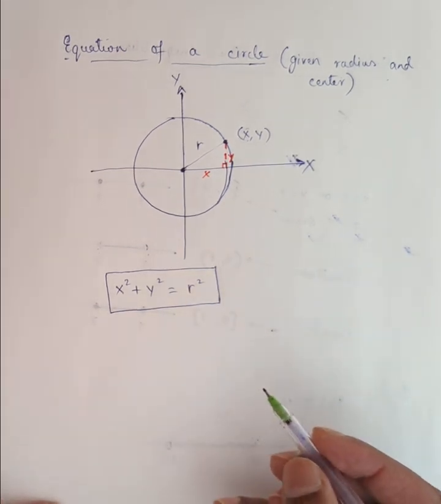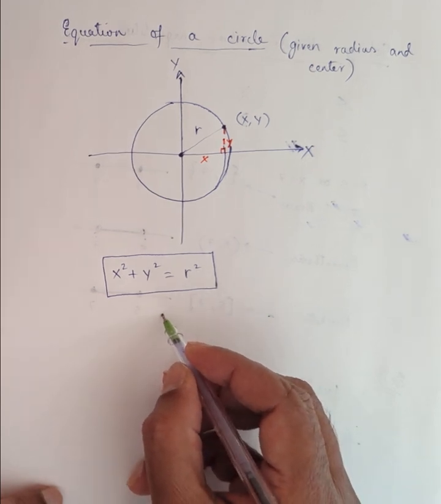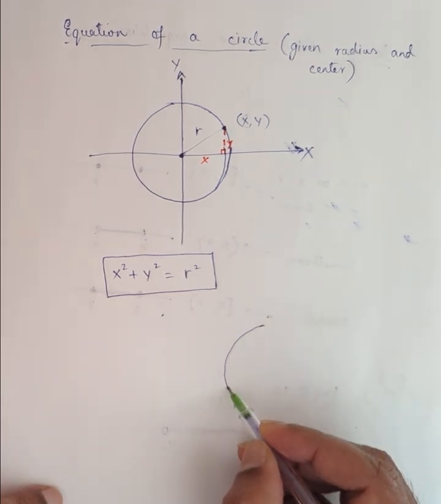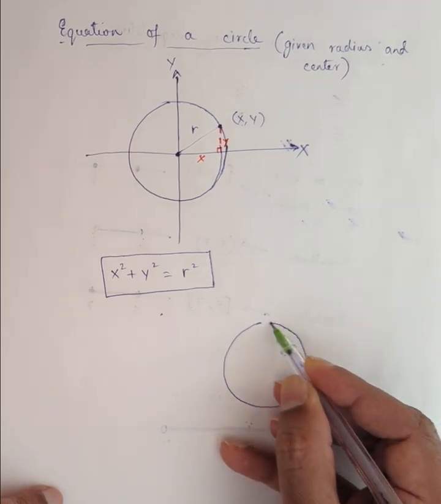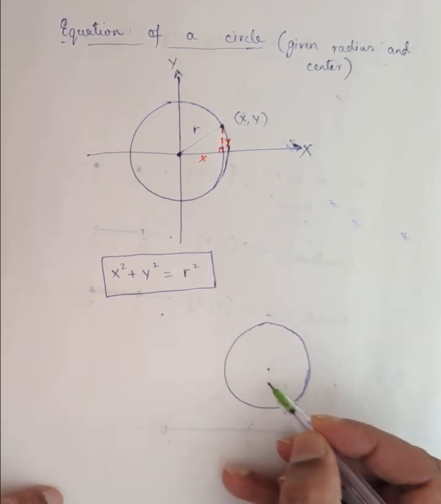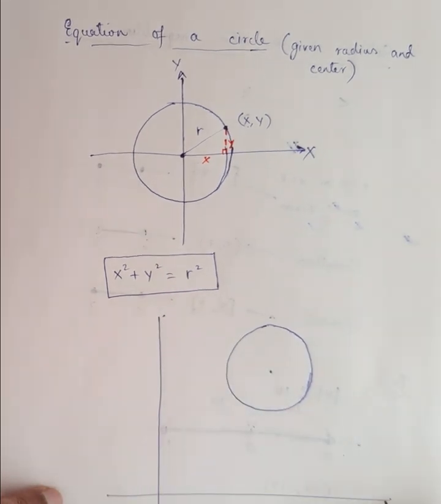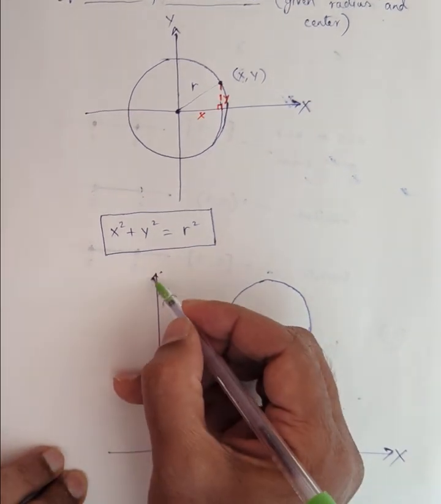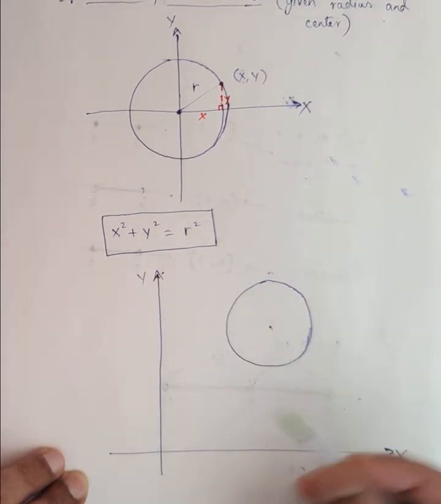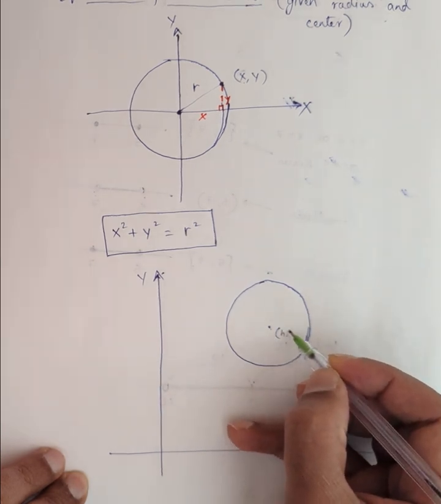Now what if the center is not at the origin but some other point? Let's go ahead and draw another circle, and this time let's say that the center is some h comma k. So again, this is the x-axis, that's the y-axis, and the circle is not centered at the origin but at some point h comma k.